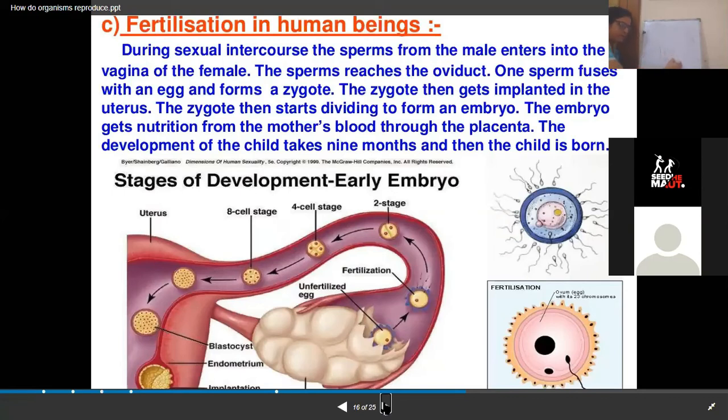Here you can see the vagina, then there is the cervix, a small narrow passage which ends up in a pear-shaped structure, that's the uterus, and there it ends. At the last, the sperm has to ultimately reach the fallopian tube.